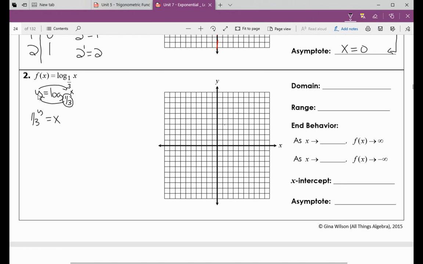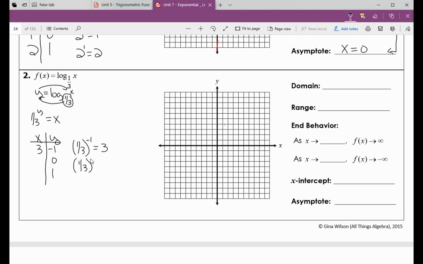Notice that when I did that, y is my exponent, and that's what you want it to be. So we're going to put my favorite three numbers in the y values and figure out what the x values are that are associated with them. So 1/3 to the -1 is equal to 3.